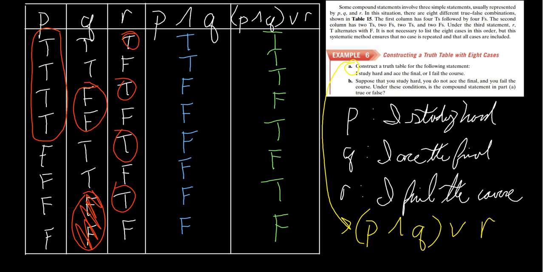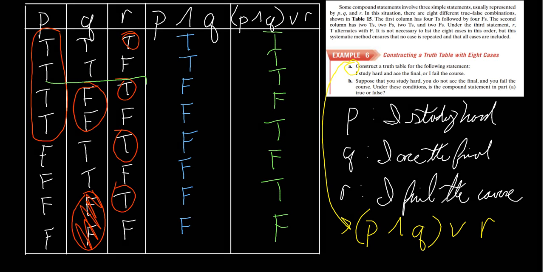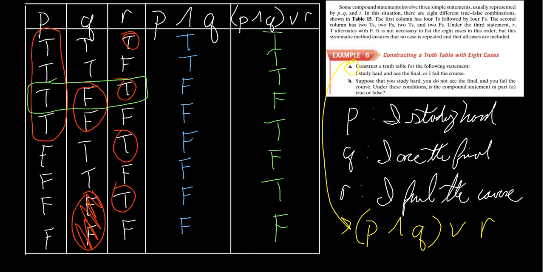Well, only one of these rows, again, rows are sideways, only one of these rows has all three of those that are true. Right. So it is true that I study hard. It is false that I ace the final, but it is true that I fail the course. All right, and if I just follow along with my truth table, I see that that statement would be true in the end.